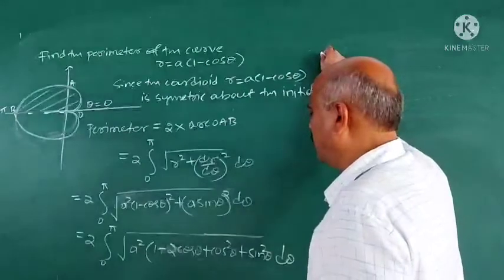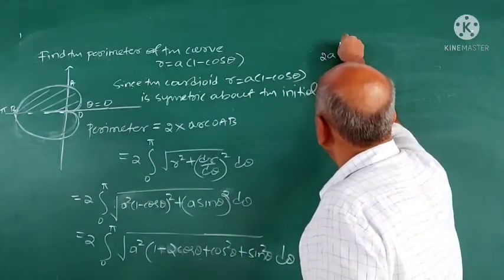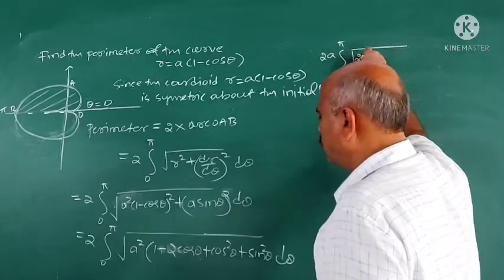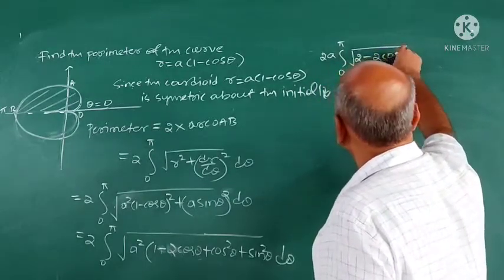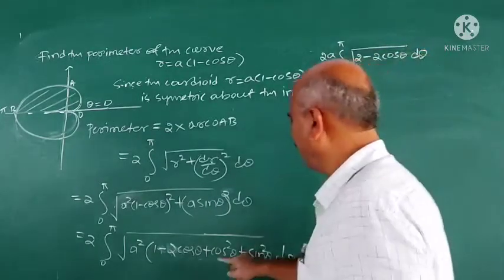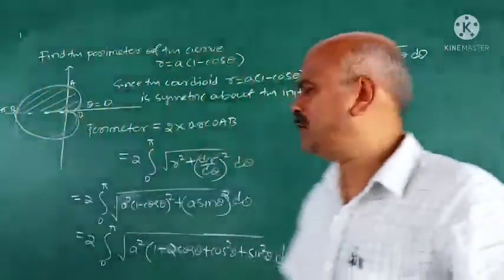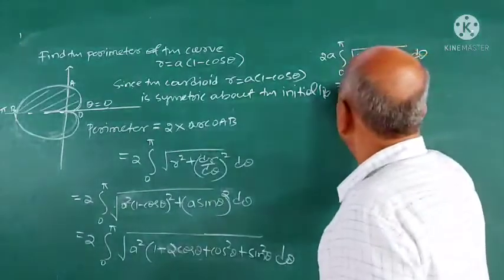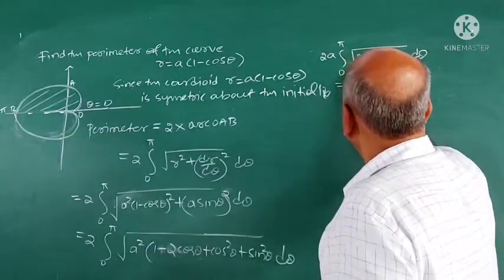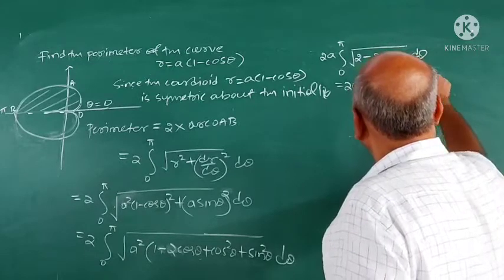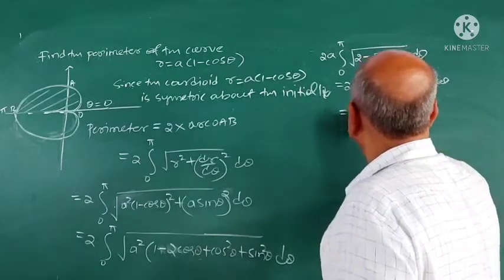It is 2a integral 0 to π square root of 2 − 2 cos θ, because cos squared plus sin squared is 1. It is 2a integral 0 to π square root of 2(1 − cos θ) with respect to θ.